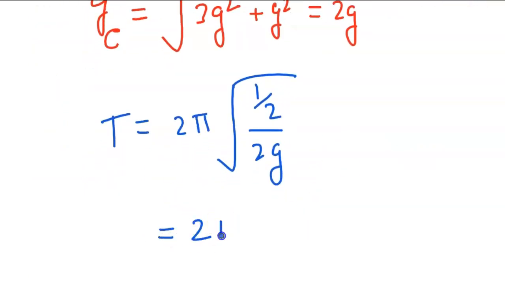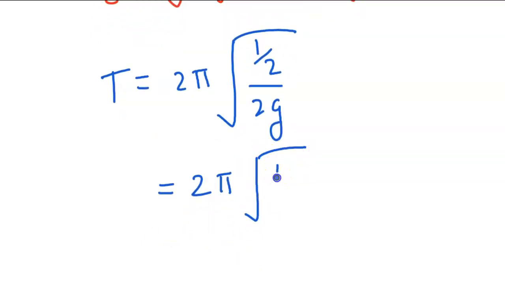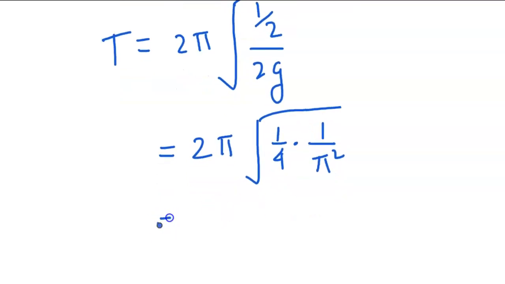So it will be 2 pi, and this will be 1 upon 4, and g is equal to pi square, so pi will come outside. Now it is very easy. You will get T is equal to 1 second. So 1 second is the answer of this question.